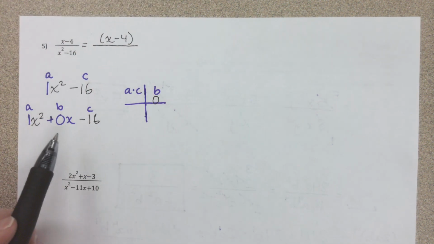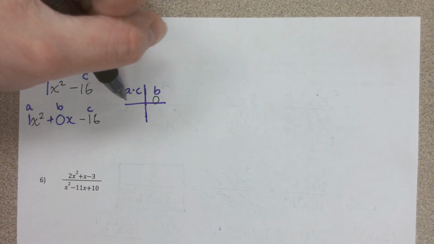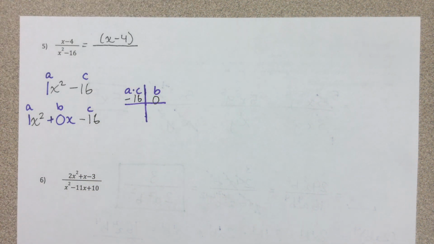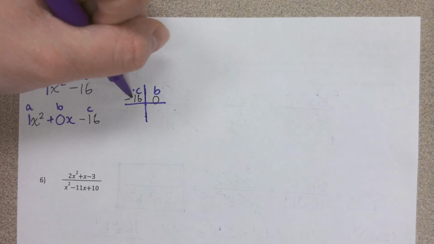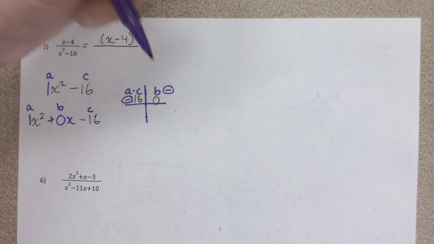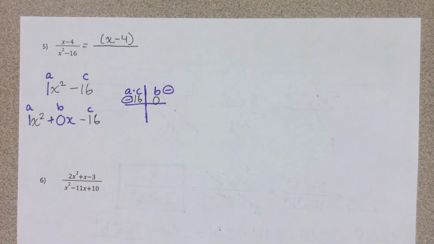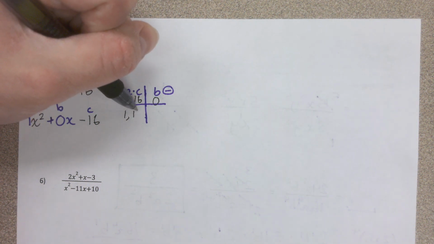And then A times C, 1 times negative 16, that's negative 16. And since it's negative, in this problem we're subtracting those numbers. 16 has 3 pairs of factors. 1 and 16.